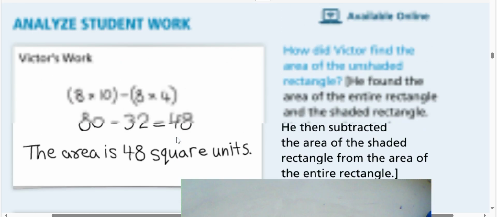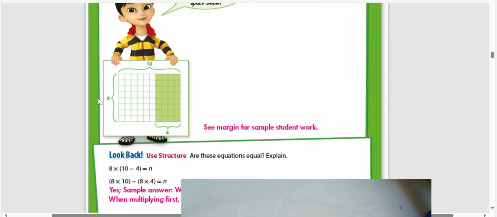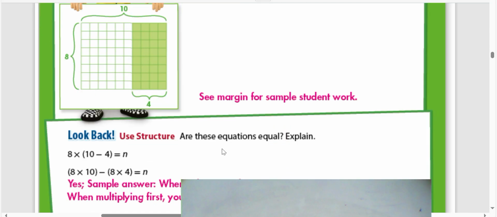Okay. If you want to find the area of this shape, we can write 8 times 10 equals 80. And the green part here, we can write 4 times 8, 32. You can do with me these steps. 8 multiplied by 10 is 80. 8 times 4 is 32. Then the result will be the difference between two numbers.